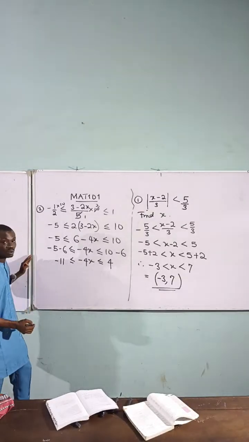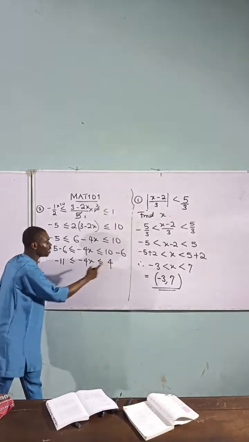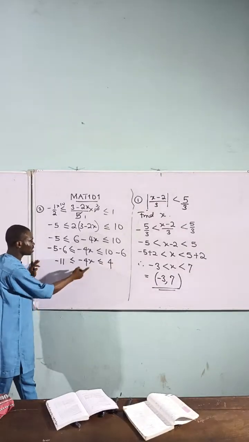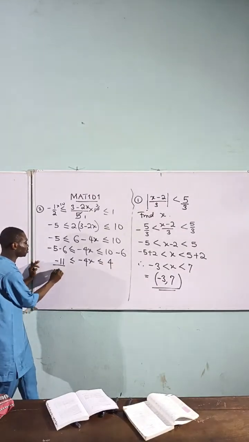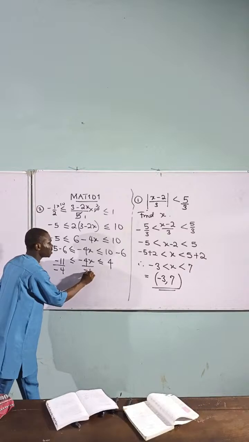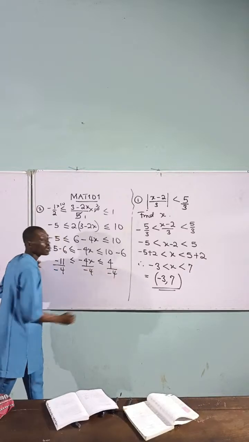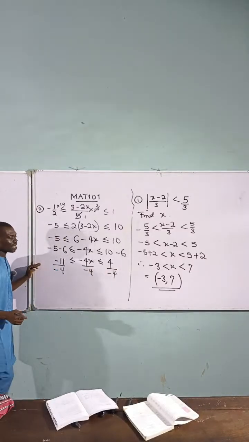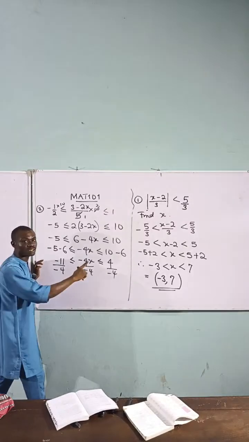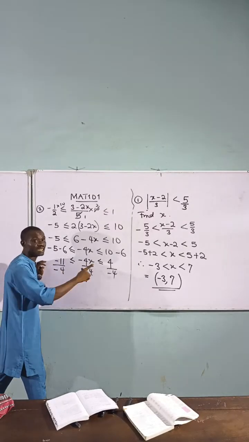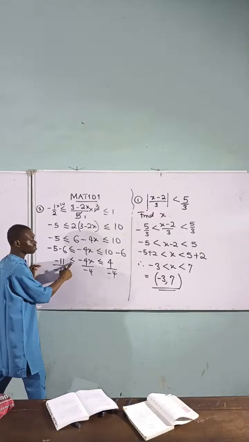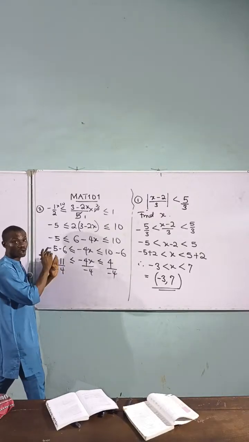So I said that you will now divide through by the coefficient of x, which means I will now divide through by minus 4, and minus 4. And you are aware that whenever you divide an inequality or multiply it by a negative value, the sign of your inequality will change.